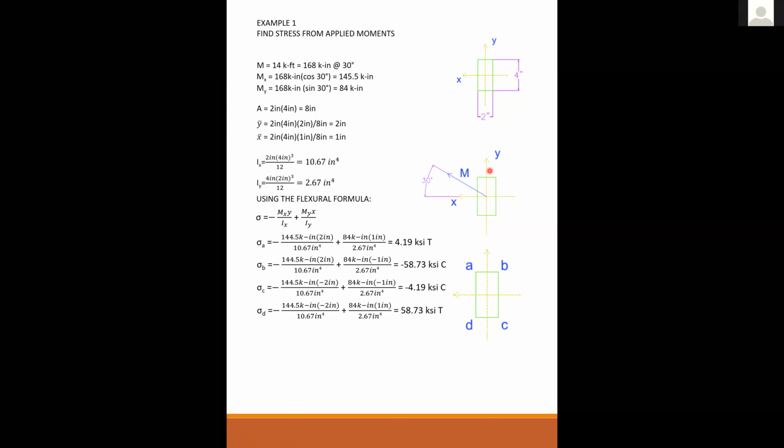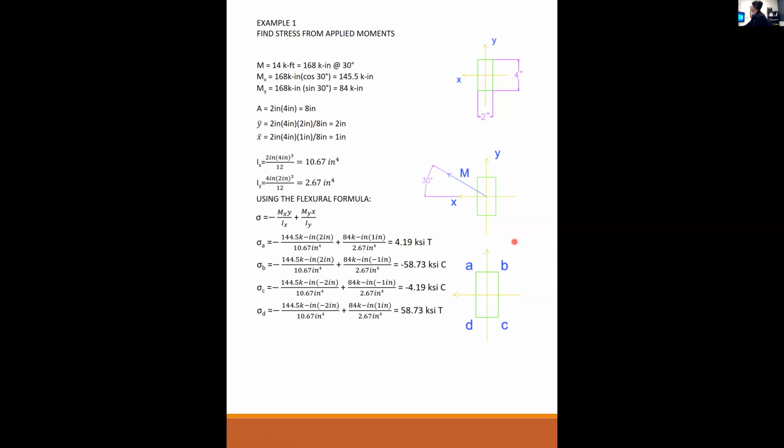I have a question. Let's say your M is at section B. Does that mean your Mx will be negative 145.5? No, your moment is not at A or B or C or D. Your moment is on the whole section. What I meant is your moment is on the left side, and when you flip it to the other side, it's 30 degrees as well.